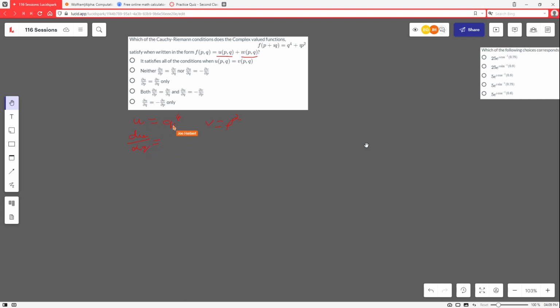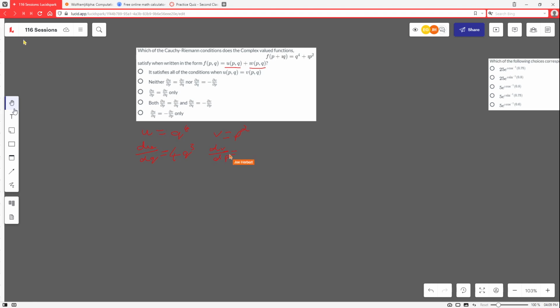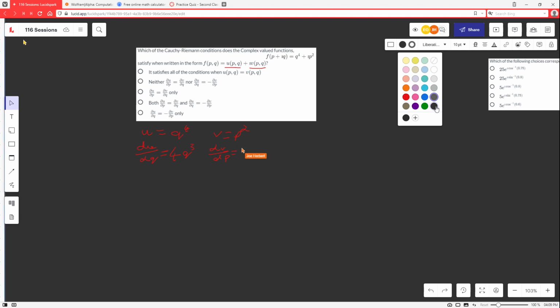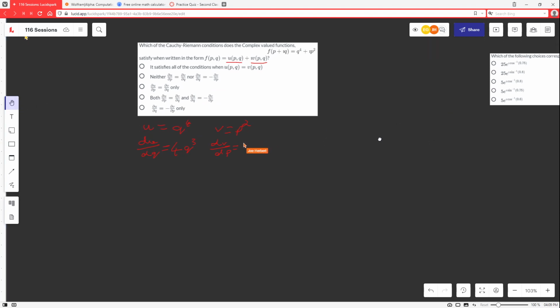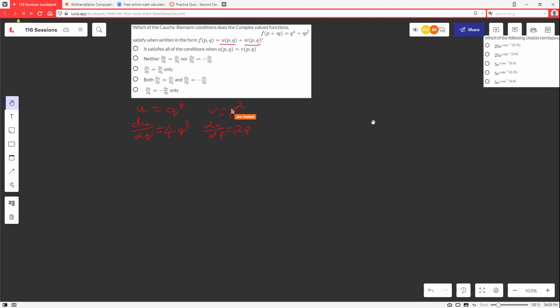That's just differentiating this, which is just multiply, reduce the power, 4q cubed, and dv by dp. It should be deltas, not d's, but I can't really draw a delta. Just gives us 2p. Again, multiply by the power and reduce.